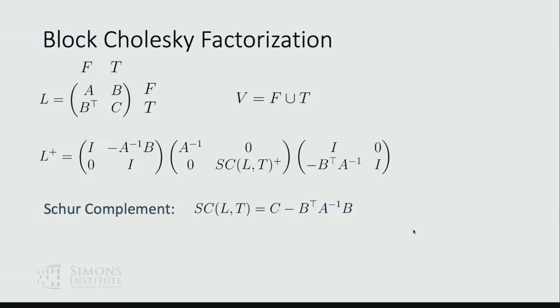Here, all I've done is taken the transpose and put a minus sign. That's exactly the inverse of my lower triangular matrix. So you get an upper triangular matrix, then the inverse of the block diagonals, A inverse and Schur complement inverse, and then the lower triangular matrix, which is just the transpose of my upper triangular. So it's a way to express the complete factorization.